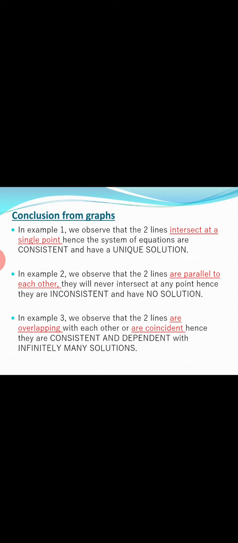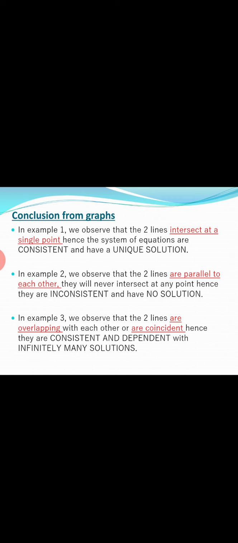in example 1 we observed that the two lines intersect at a single point. Now in such cases the system of equations are consistent and they have a unique solution, that means only one solution. In the second example, the two lines were going parallel to each other.